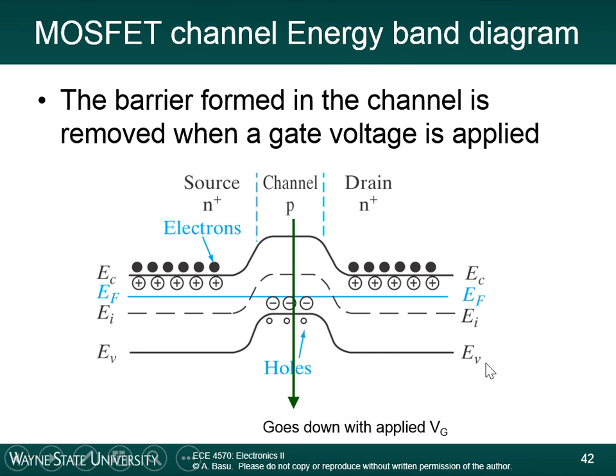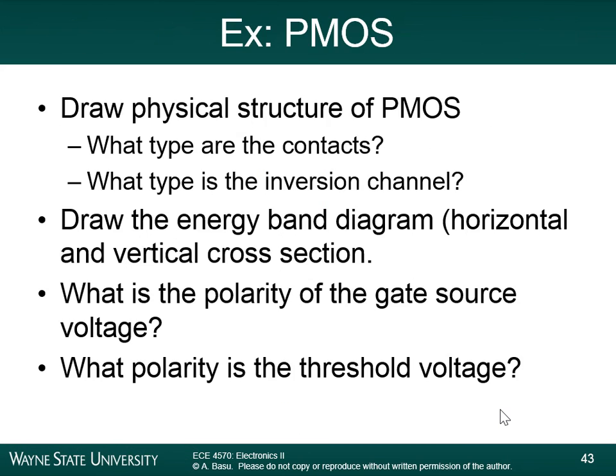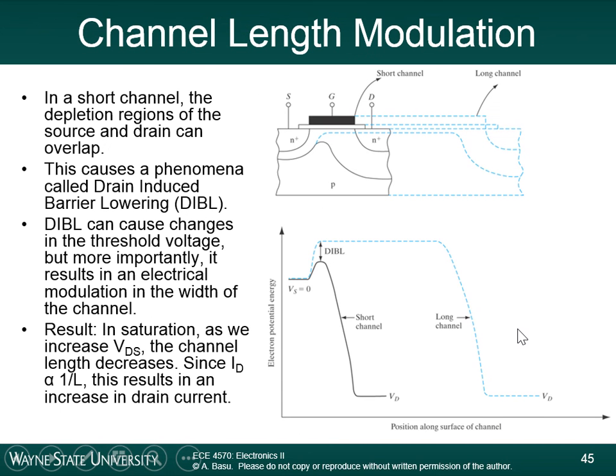Drain-induced barrier lowering is essentially when this barrier becomes smaller. So this dotted blue line here represents a long channel transistor. You have a nice big barrier here.